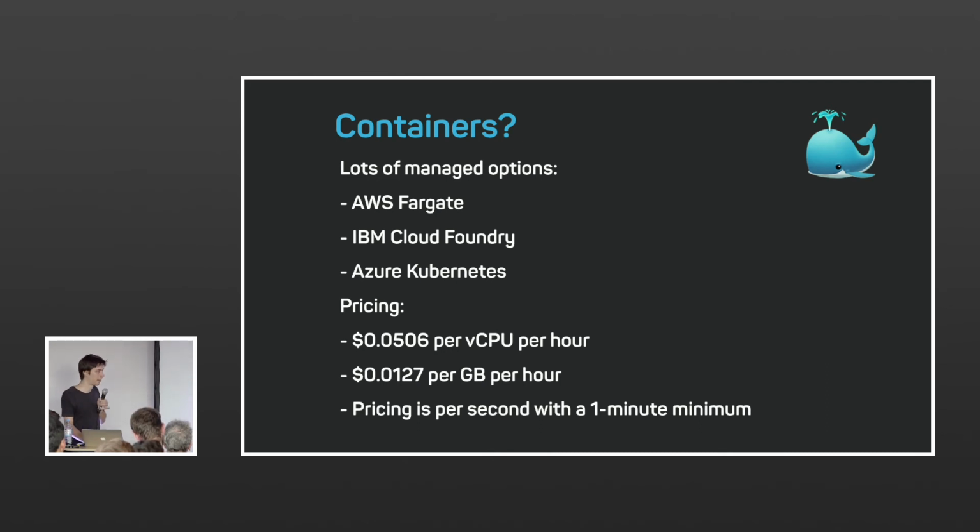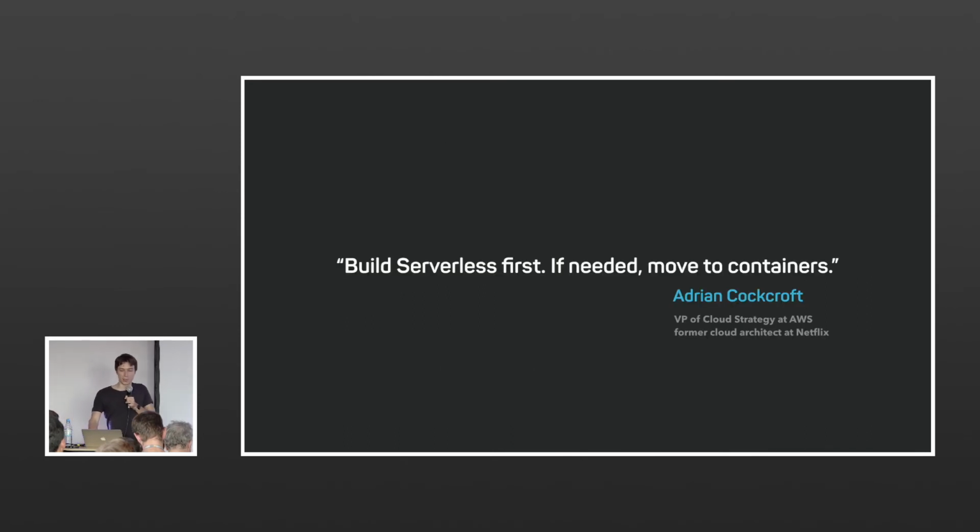So finally, I think this might seem a little outrageous if you're used to the traditional server model. But I do agree with Adrian Cockcroft, who's the VP of Cloud Strategy at AWS, that in the modern world, you should actually try to build serverless first.